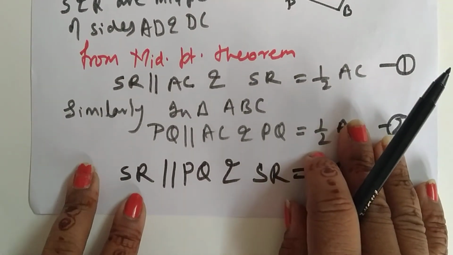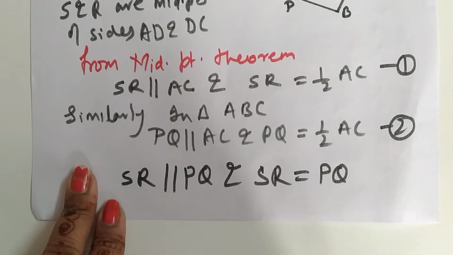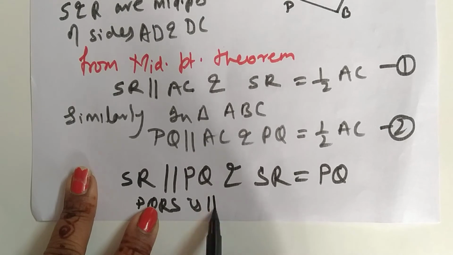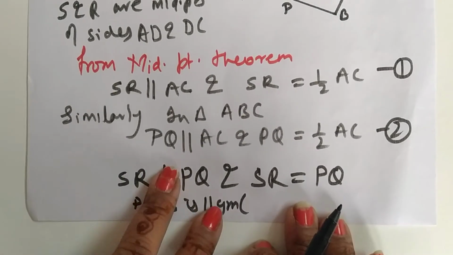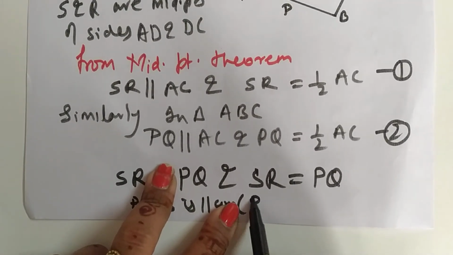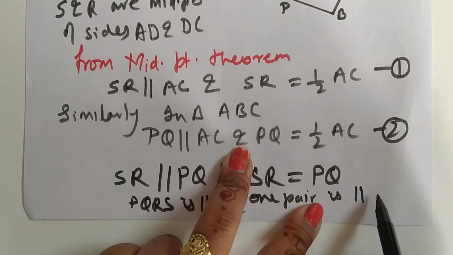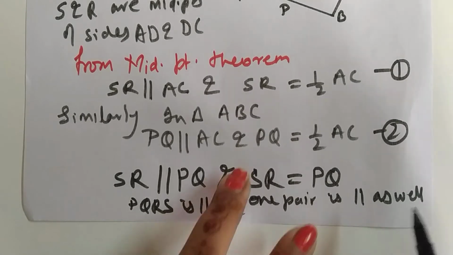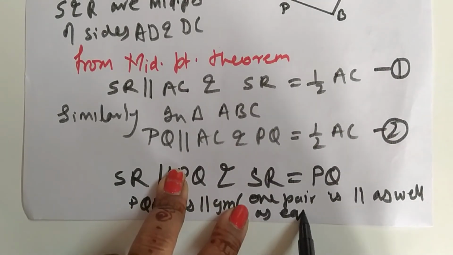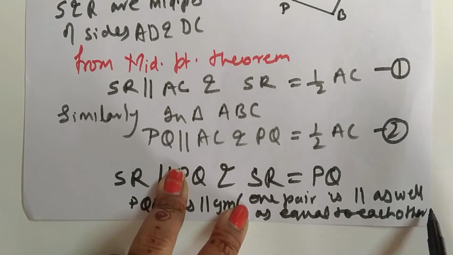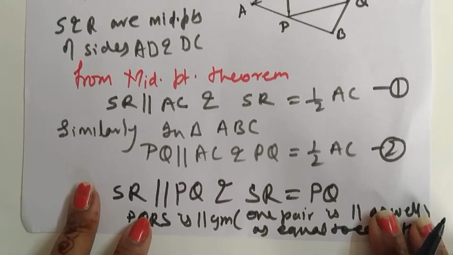Hence, by simply applying the midpoint theorem, we have got the result that PQRS is a parallelogram, and the reason is that one pair of sides is parallel as well as equal to each other.